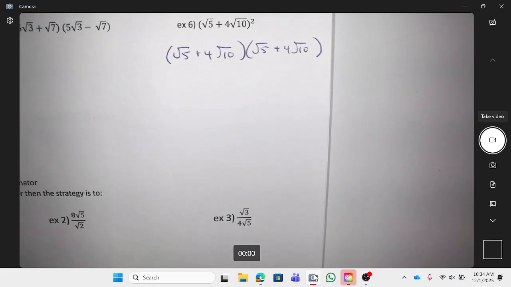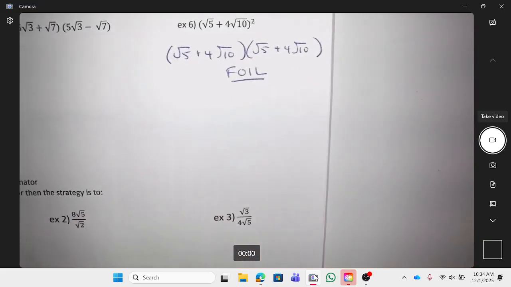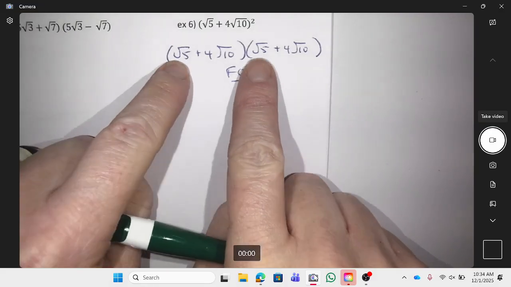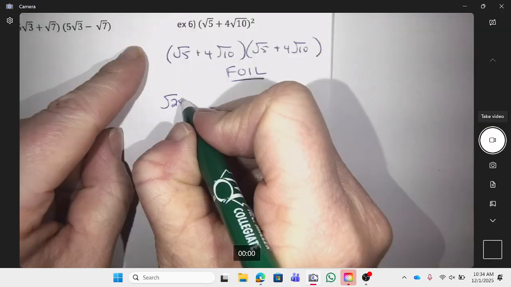What kind of math do you think I'm going to do on my next step then if it looks like this? Binomial, binomial. Yeah, exactly. We're going to have to do all those components of the FOIL. So first up, root 5 times root 5 makes the square root of 25.